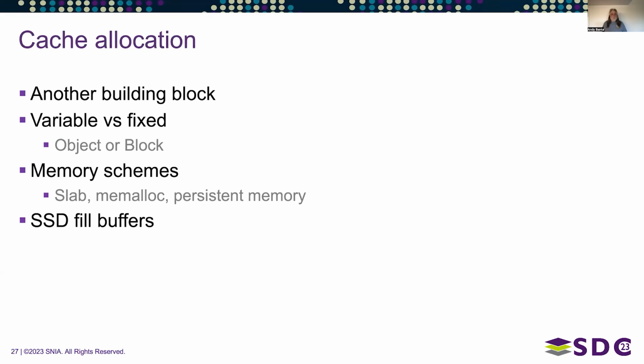So that makes a difference. If you're using a memory cache, you would potentially have a variety of different memory cache allocation methods that you could use. Or, if you're caching to an SSD, there's all sorts of other issues that you run into. Typically with SSDs, you have to write them at about 1 megabyte blocks, so you would potentially need a fill buffer to fill up before you actually wrote it to the SSD as well.